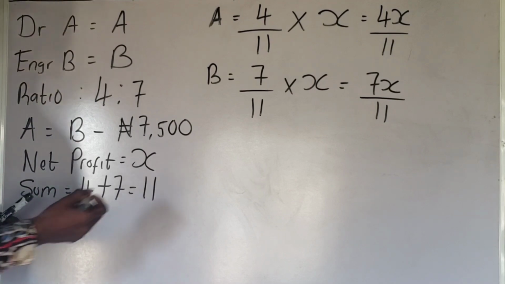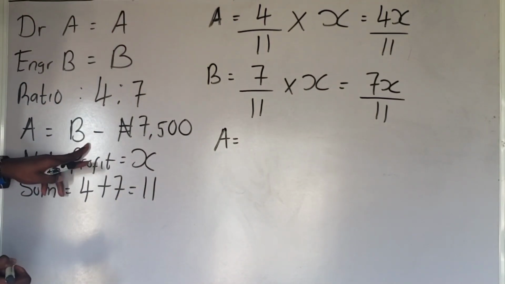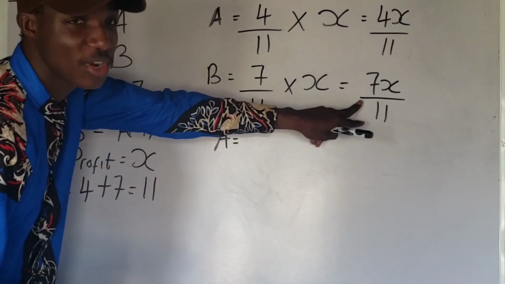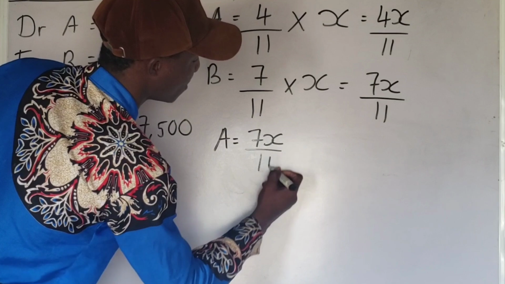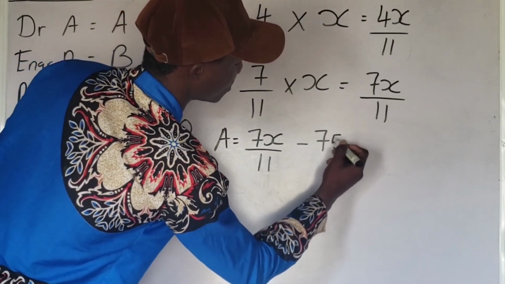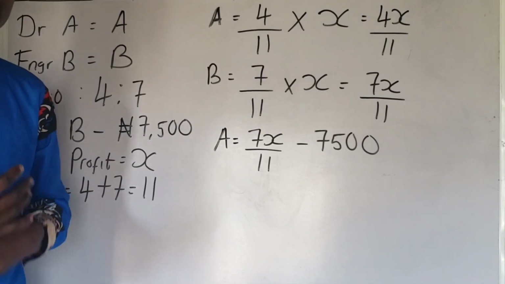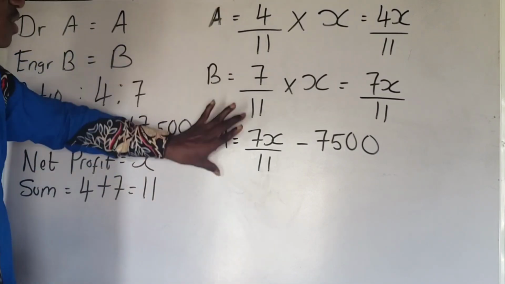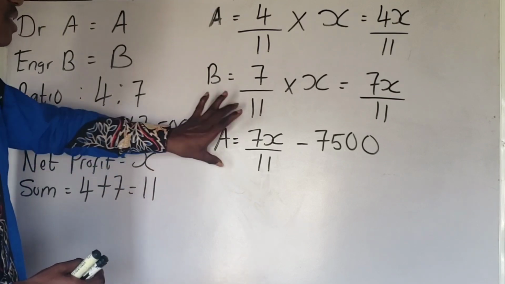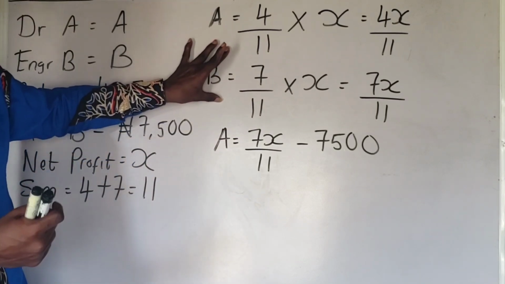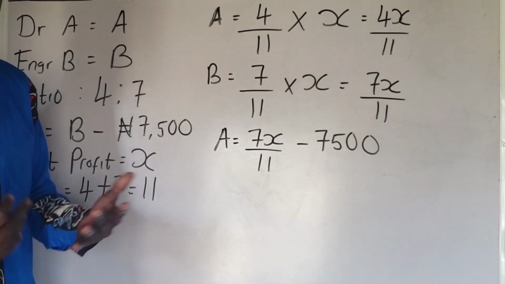So Dr. A is equal to the share of Engineer B, which is 7x over 11. So A is equal to 7x all over 11 minus 7,500. You understand? There are two ways to get the amount that Dr. A gets. You can use this and you can use this. But the reason why I express it in terms of Engineer B's share is because I don't know the value of the net profit, and that's what I want to determine.